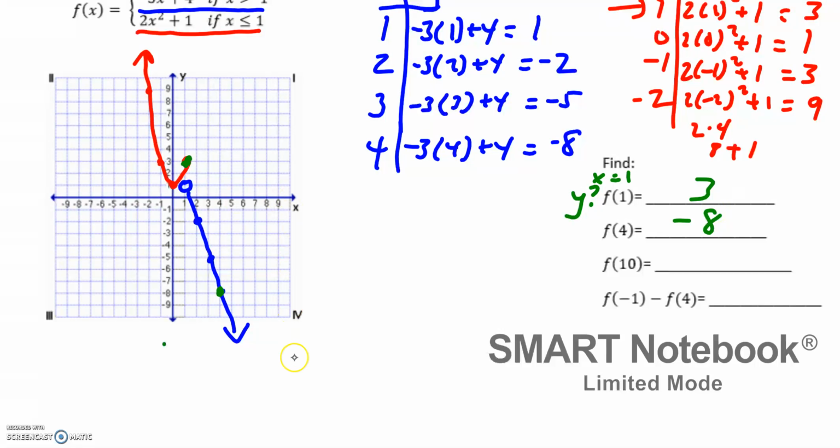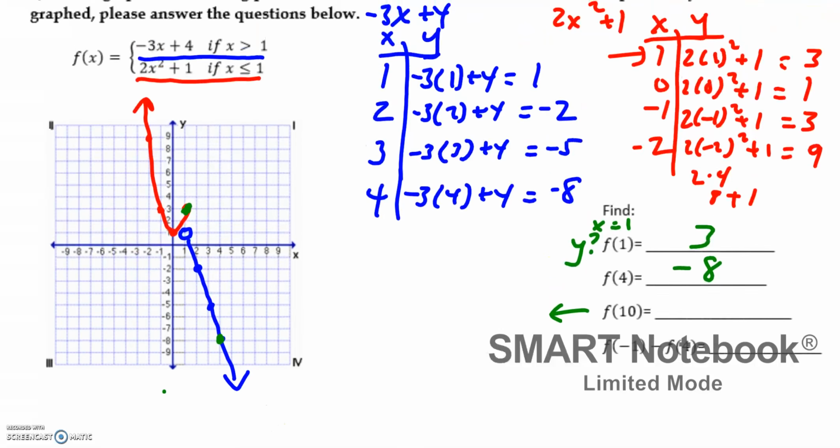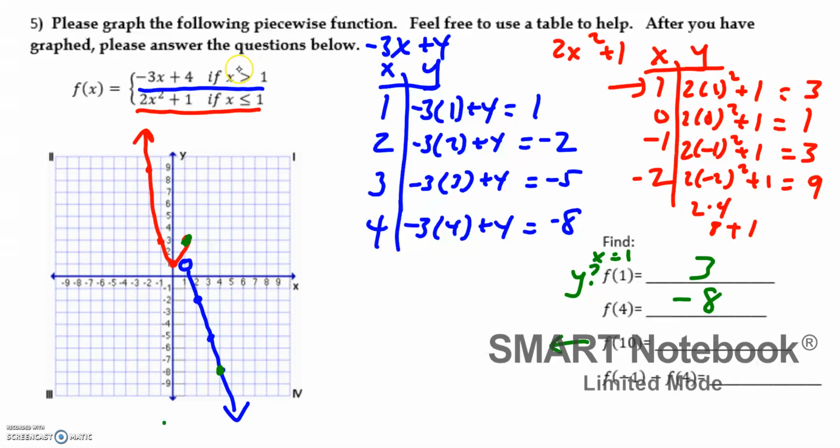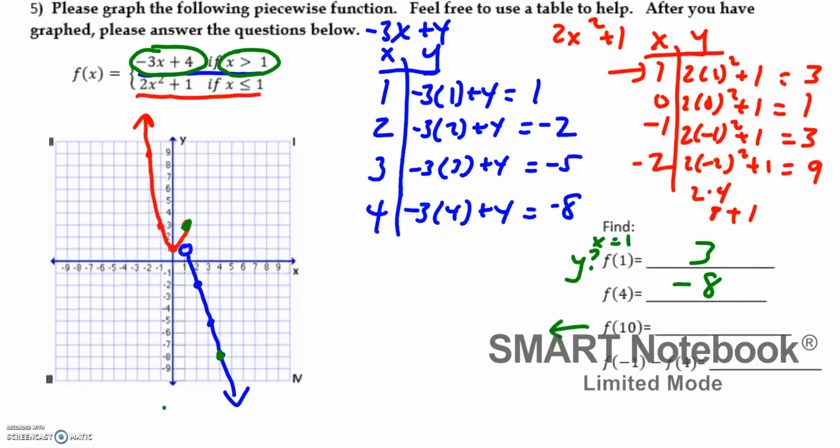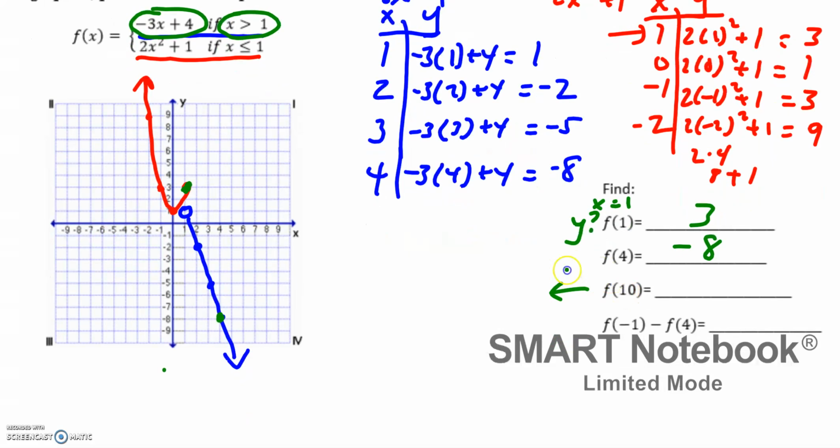f of 10, however, is not on the graph that we have right now. If we kept drawing it, it would be. So what you could do is look back at the original function and say that 10 has to be part of one of these two intervals. Is 10 bigger than 1, or is 10 less than or equal to 1? Well, it's bigger than 1, which means if I want to find the y value that goes with this x value of 10, I'm going to take 10 and plug it into the function of negative 3x plus 4.